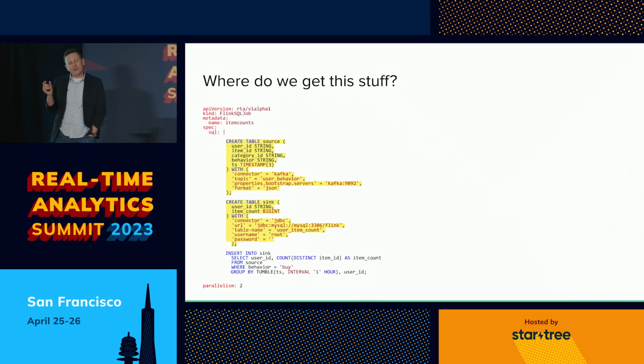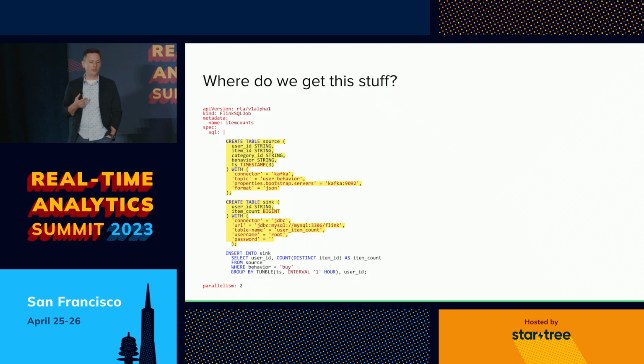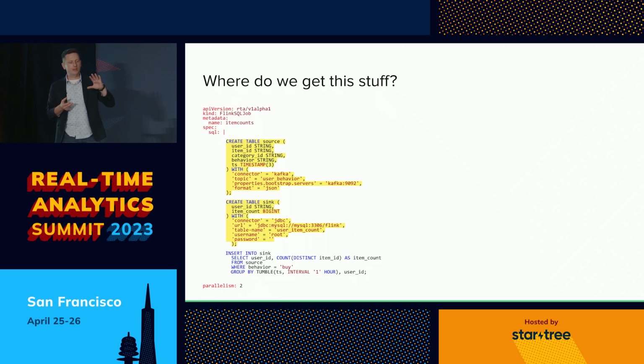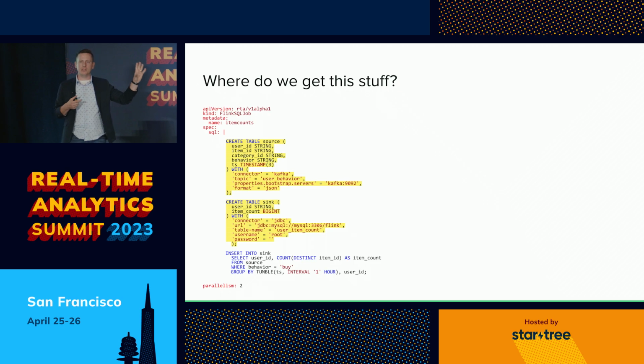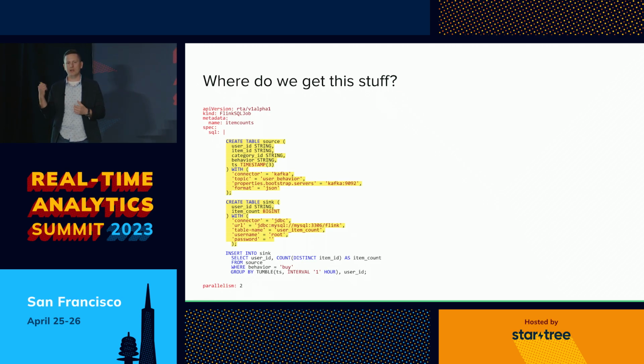All right, so that sounds pretty great, but this is still not trivial, right? The highlighted code here is actually pretty hard to write as a human. And it ends up being extremely fragile if you think about it, because like I said earlier, these CREATE TABLE DDL statements, they're actually describing how to connect to a physical table, but that physical table could diverge from what you have written here, right?